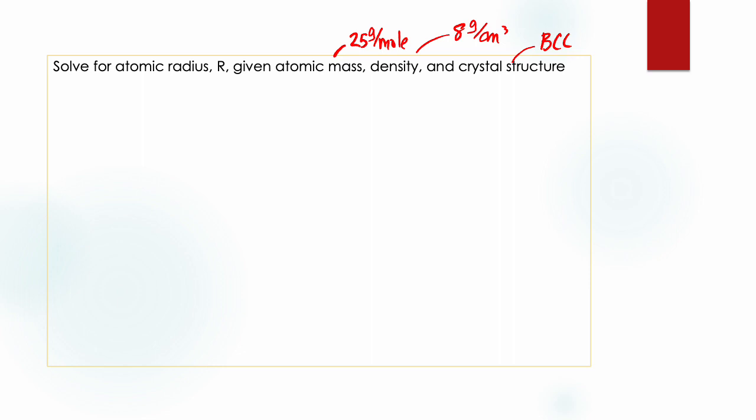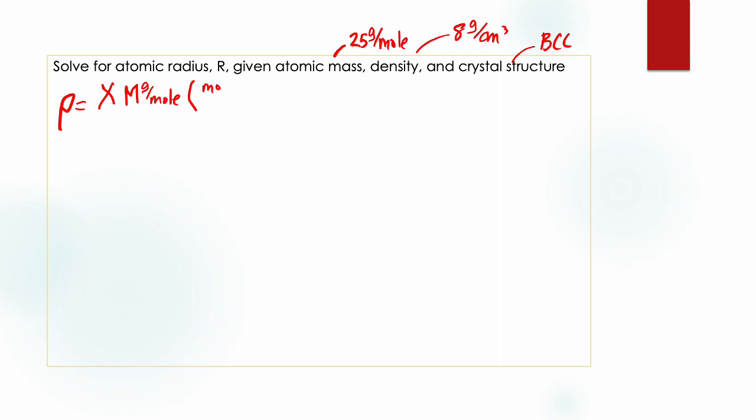Okay, so first, density is equal to the number of atoms in a cell, which is X, times the number of grams per mole, M, times 1 over Avogadro's number.